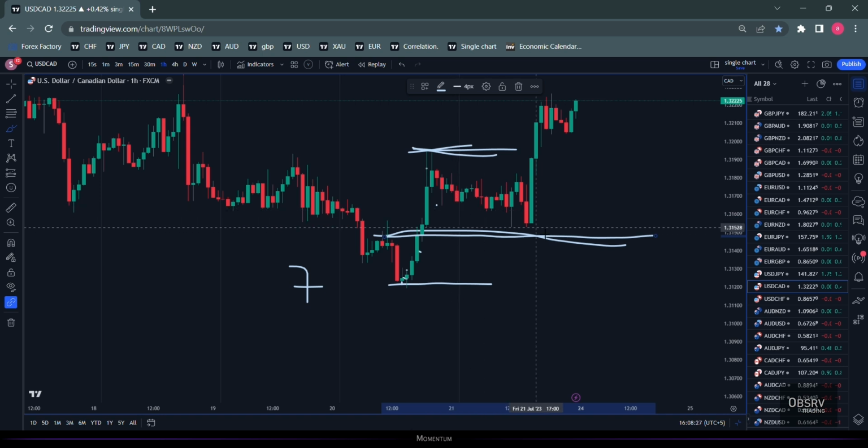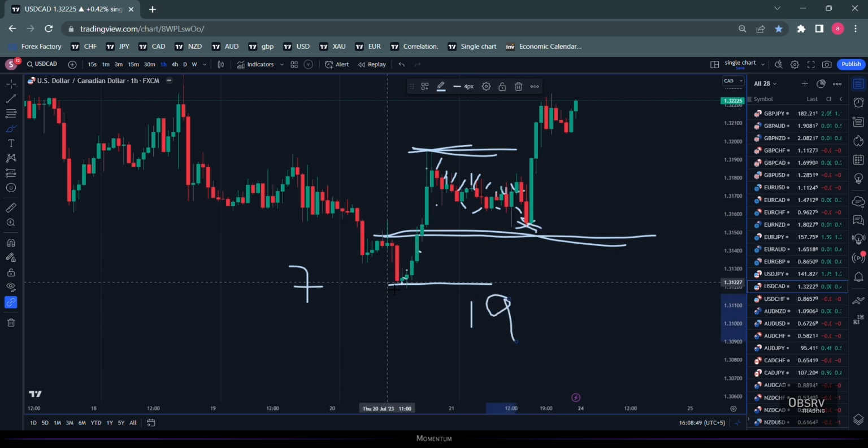But how long does it take the price to come down to $12? 1, 2, 3, 4, 5, 6, 7, 8, 9, 10, 11, 12, 13, 14, 15, 16, 17, 18, 19. Oh, 19. So more than double the time. It took more than double the time to go all the way down to there.